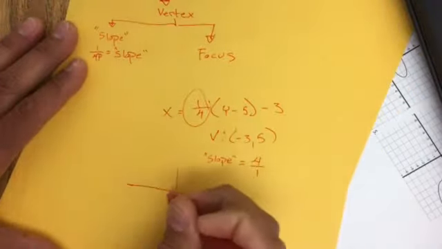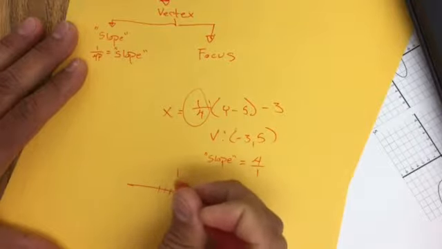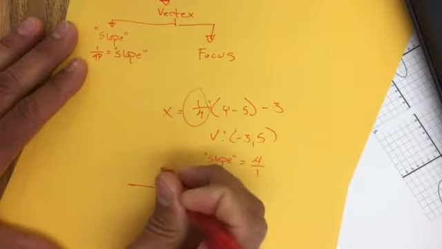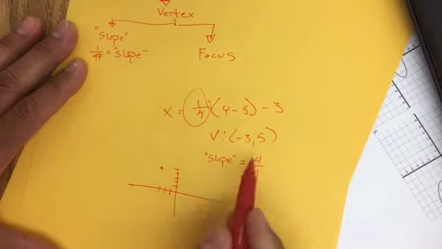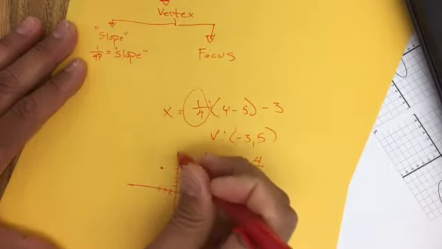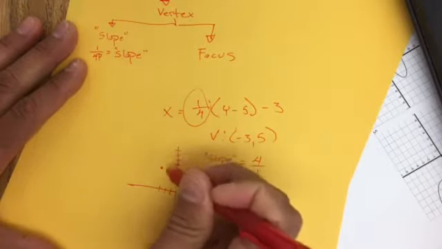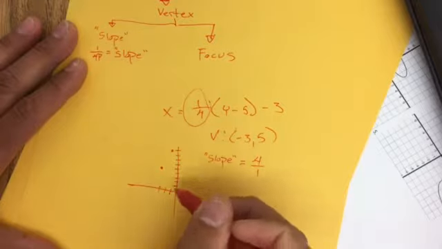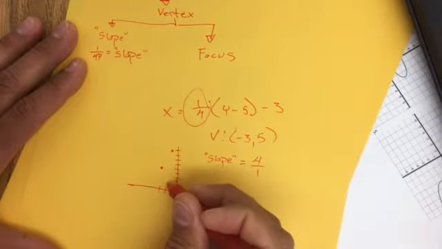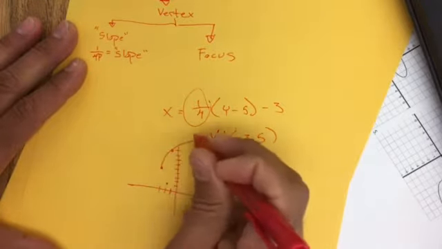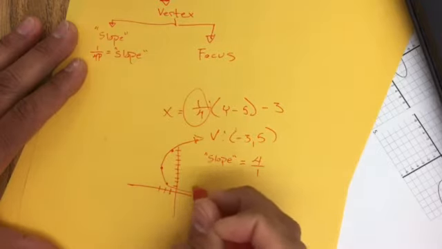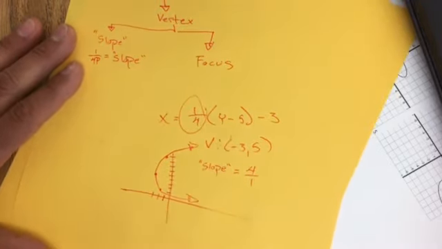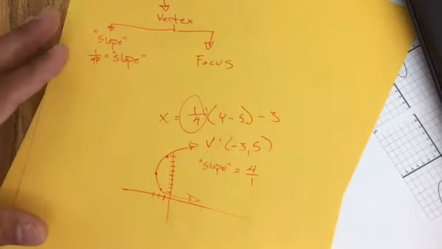So I'm going to go to my vertex, negative 3, 5. I'm going to go from this point up 4 and over 1. I'm going to go down 4 and over 1. And then I'm just going to connect those. And that's all that we're really doing to graph them.